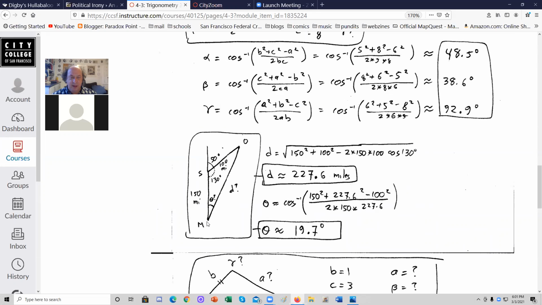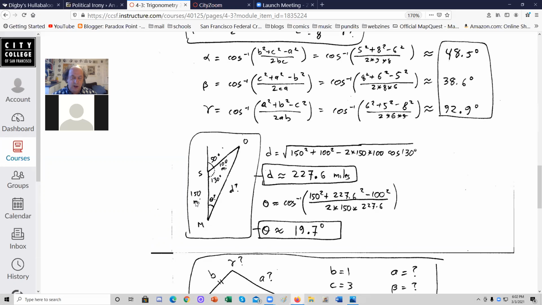Here they have a navigation problem. An airplane goes 150 miles north, then turns 50 degrees towards the east and goes 100 miles. And so the question is, how far did it go at what angle? It's distance and bearing. Well, D is easy enough to find. First, if this is 50 degrees, then this angle inside is 130 degrees.